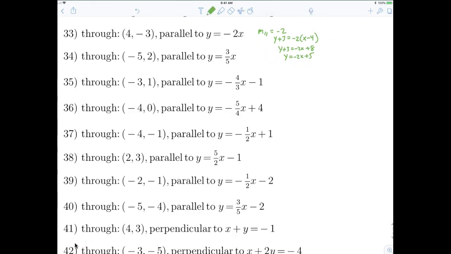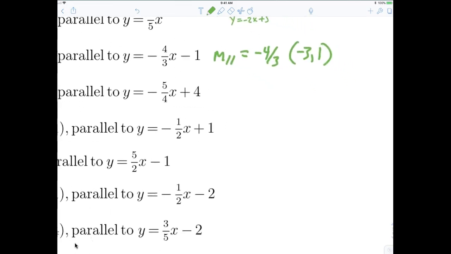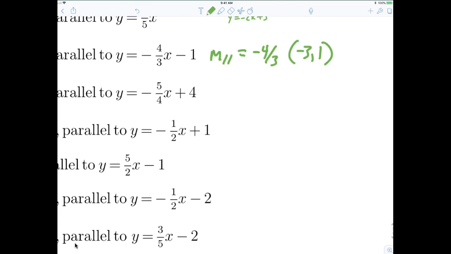All right, so 35, the slope of the parallel would be what? -4/3, and it's passing through the point -3, 1. Tyler, go ahead. So the slope is -4/3.